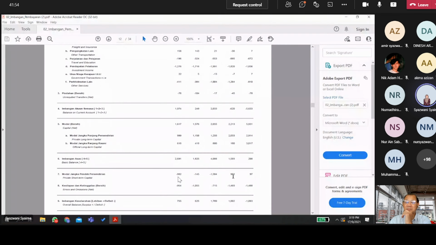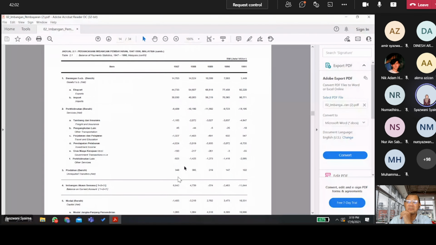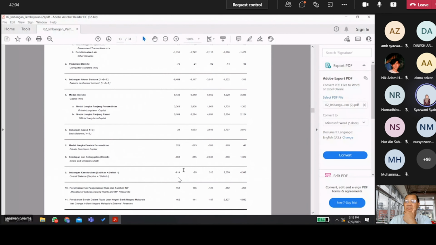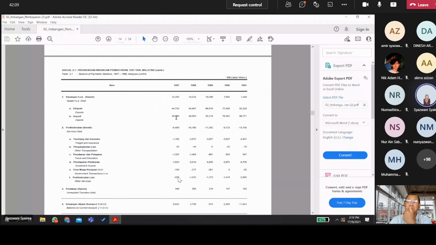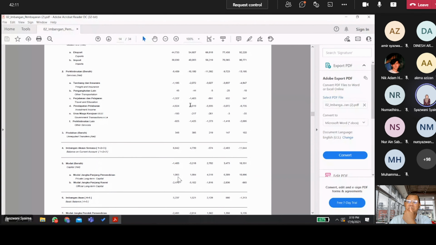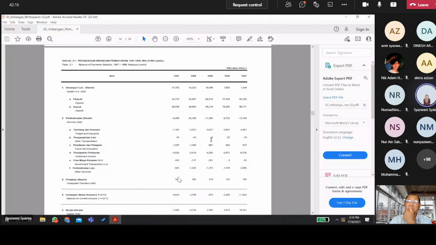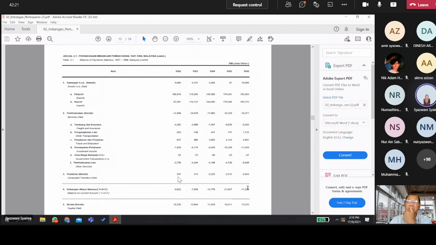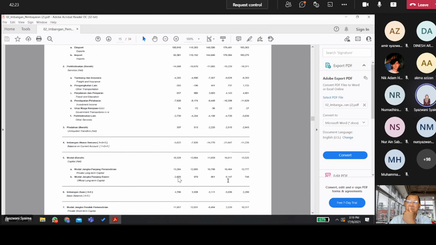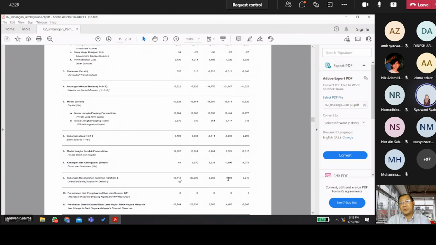Then we have a deficit until 1986. Then from 1987 until 1997 we have a surplus again. This is because in 1997 there was a crisis, the Asian financial crisis, which started in Thailand.